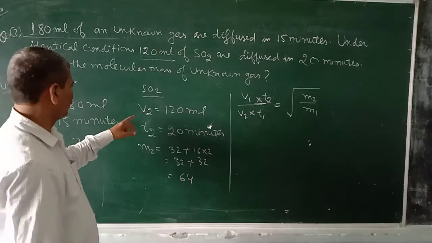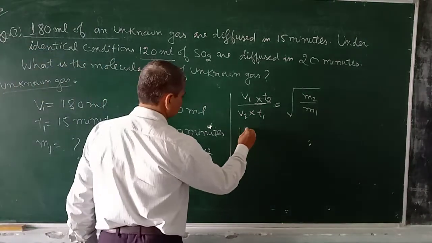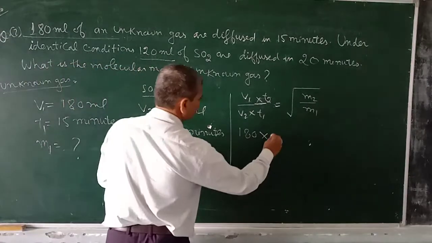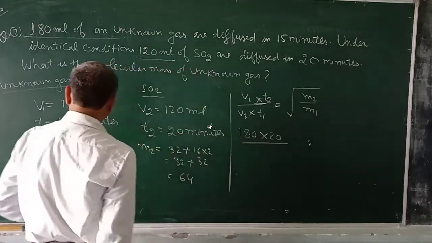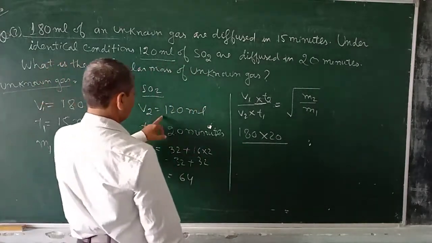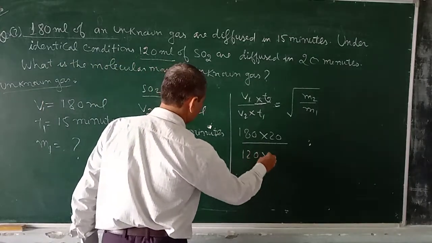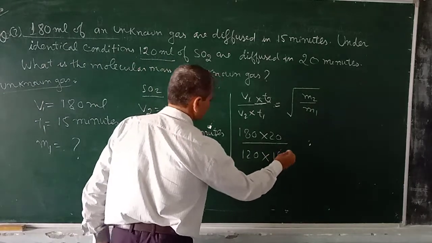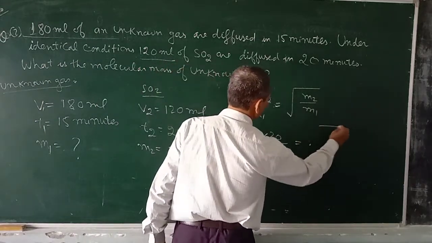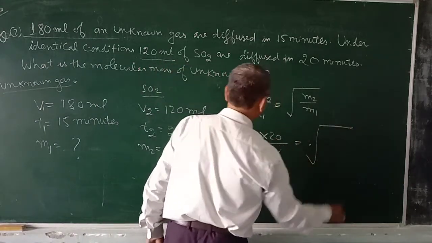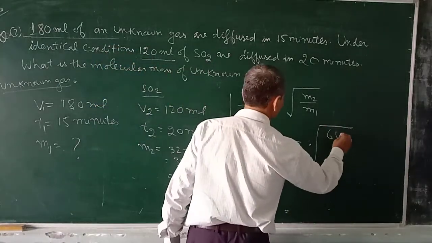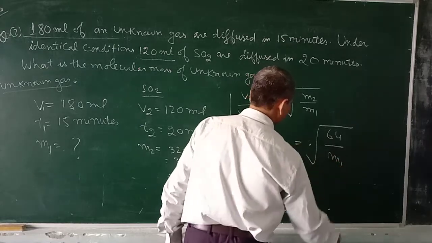Now, volume V1 is 180 into T2 is 20 minutes, upon V2 is 120 ml and T1 is 15 minutes, is equal to square root. M2 has been given as 64 and you have to calculate the M1.